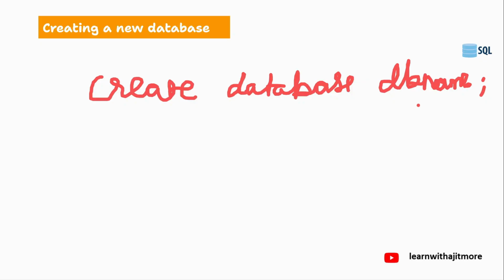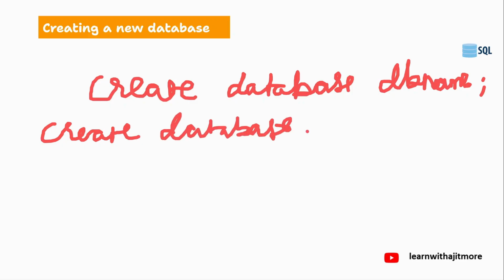So if you don't want that error to come, then you can use some flags over here. CREATE DATABASE, okay, IF NOT EXISTS. Exist is actually a flag, okay. It's an internal MySQL flag.